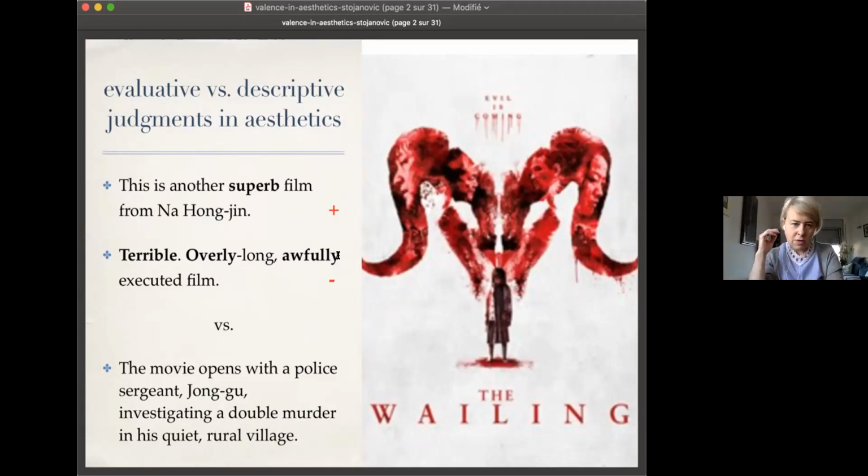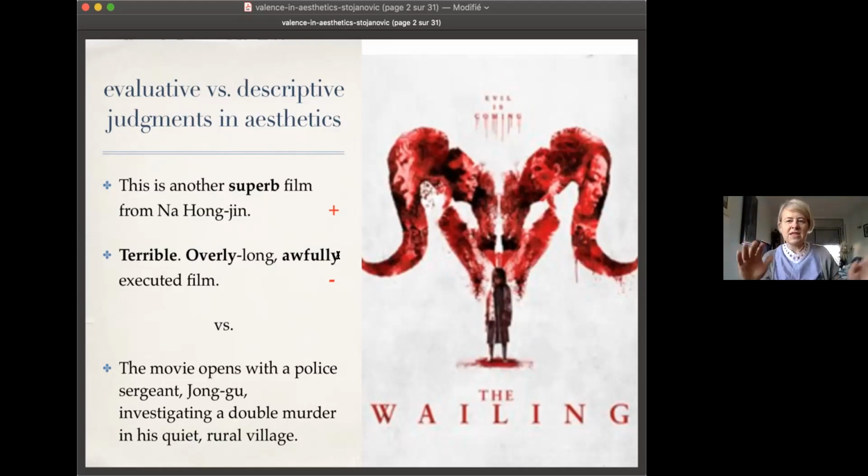Whereas the first evaluation, this is another superb film, is obviously a positive one, and you can see that because the speaker is using this adjective superb, which is positively valenced. Terrible, overly long, awfully executed is of course a negative evaluation, and here it's also signaled by the language, by words like terrible, awful, and so on, which are negative.